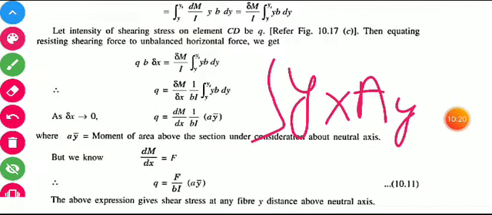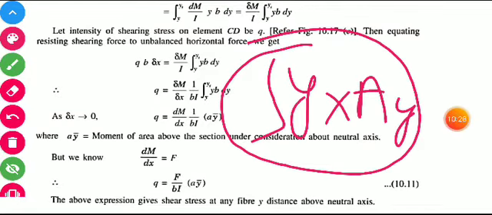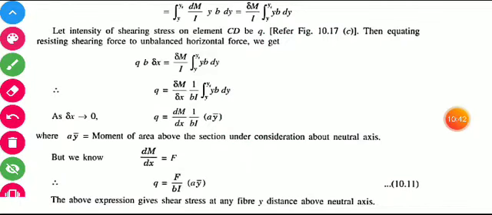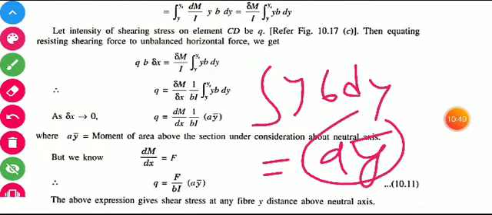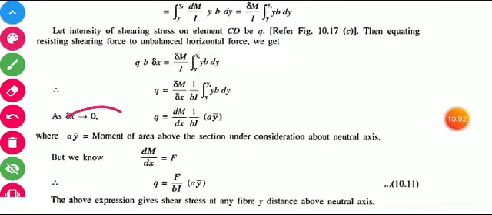From the perpendicular axis theorem, you know that the integration of y into area becomes the moment of area. So this is also called the moment of area. So here I put this term equal to A into y bar, which is also known as the moment of area.